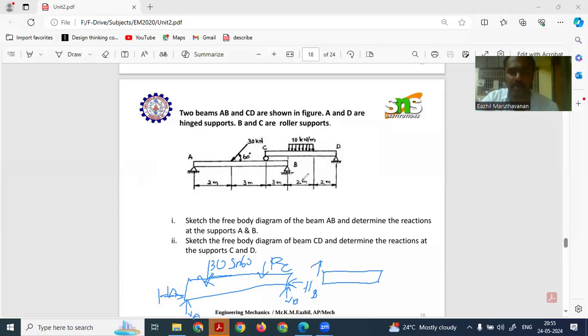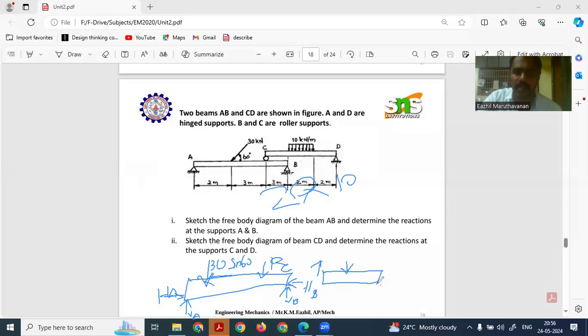For converting it, we multiply 2 meter into 10, which is 20 kilonewton. This 20 kilonewton acts at the midpoint of the portion it covers. So in the 2 meter, it covers up to 1 meter from the left-hand side. It is also in the downward direction.